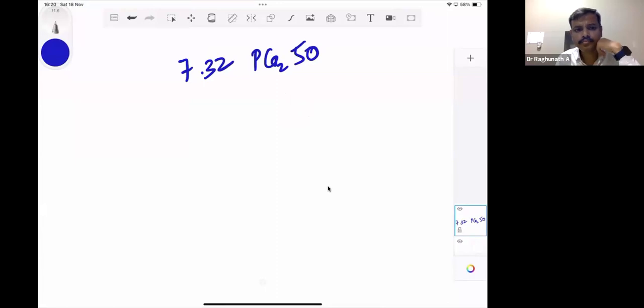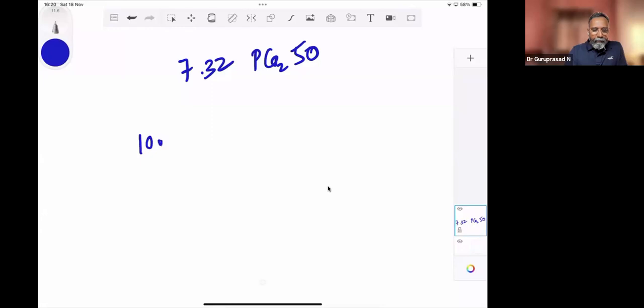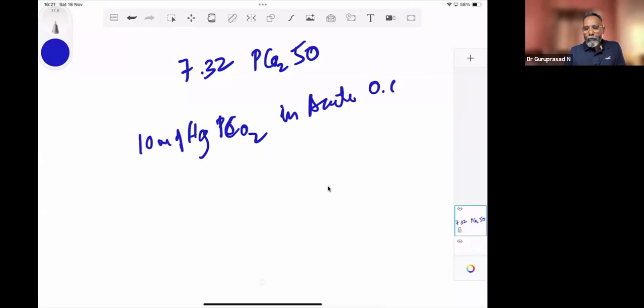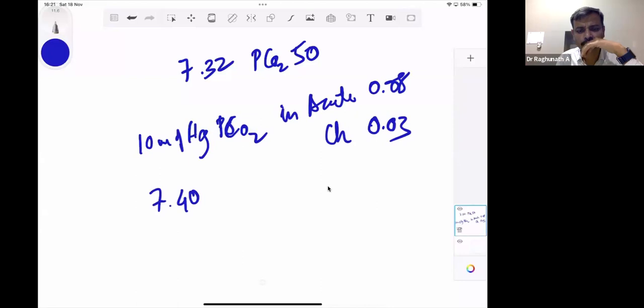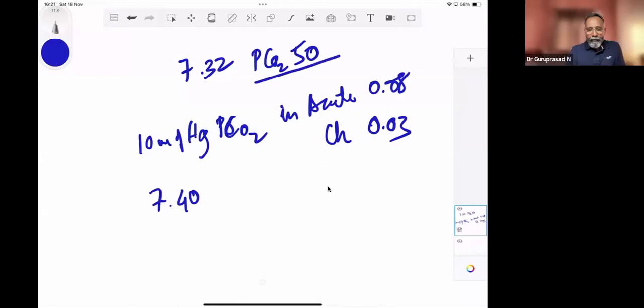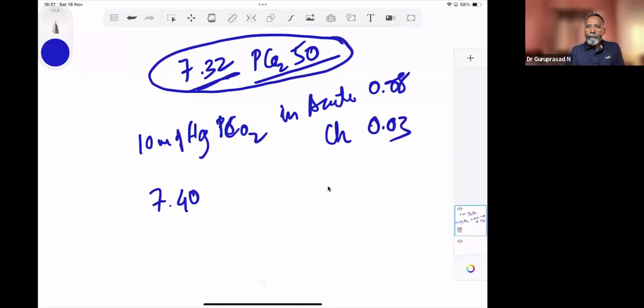I told you that for every 10 millimeters of mercury change in PCO2, in acute the pH change will be 0.08, and in chronic it will be 0.03. So if you take 7.40, and the PCO2 is 50, because the pH has changed to 7.32, this is totally an acute respiratory acidosis.